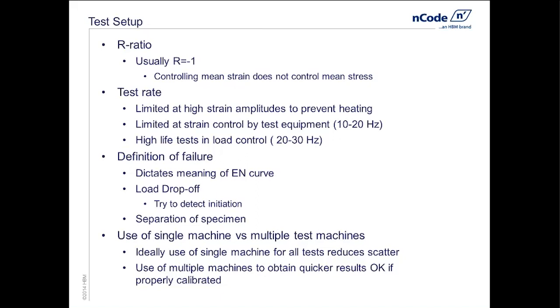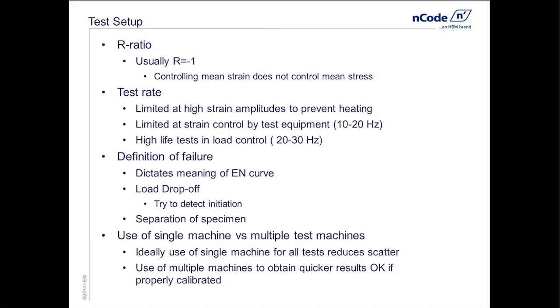Again, that's kind of an indicator of a macro crack in the part. Or it may be pure separation of the specimen. But understanding that gives me an understanding of what the curve actually means.